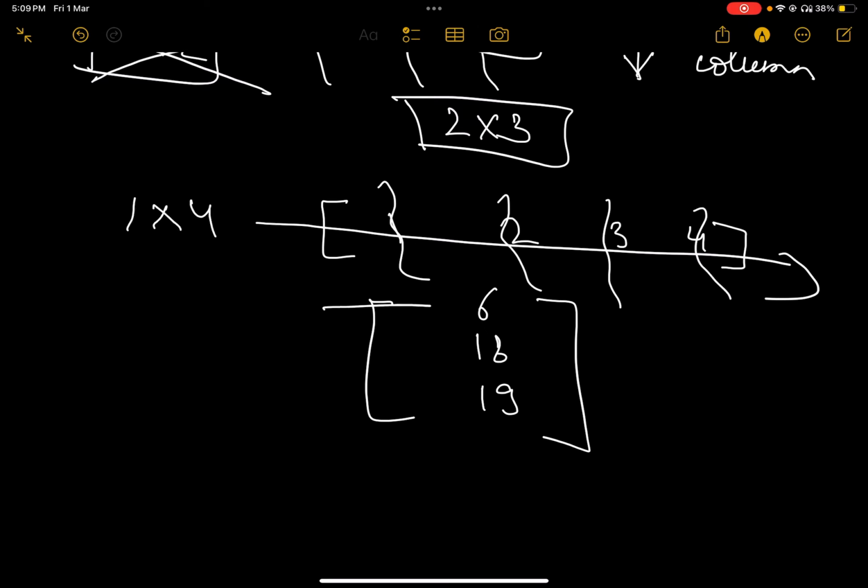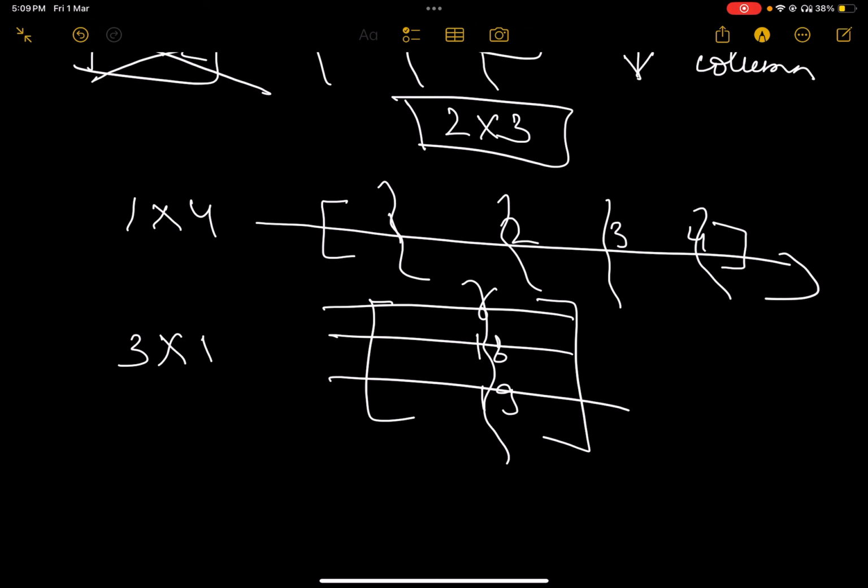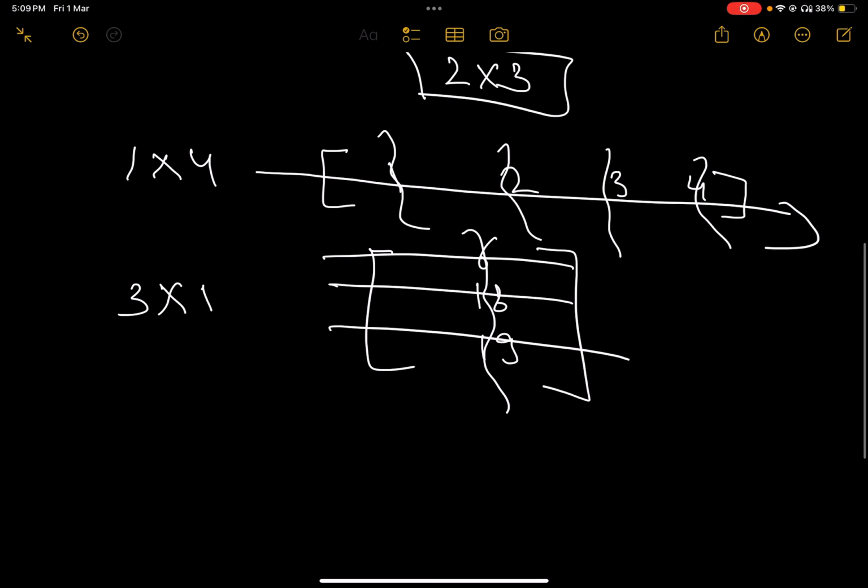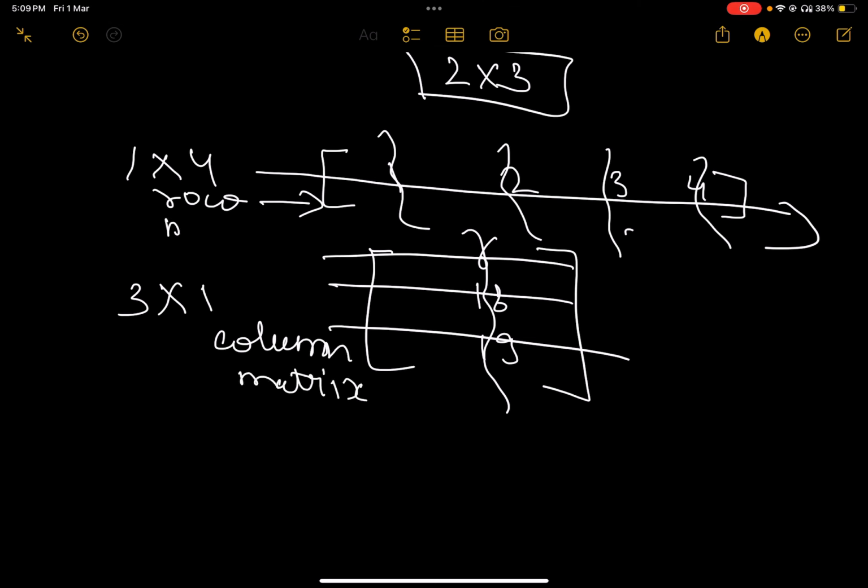This matrix has three rows and one column. And we have just given some name to these two matrices. It is a row matrix and it is a column matrix. This is just for your information and remember that.